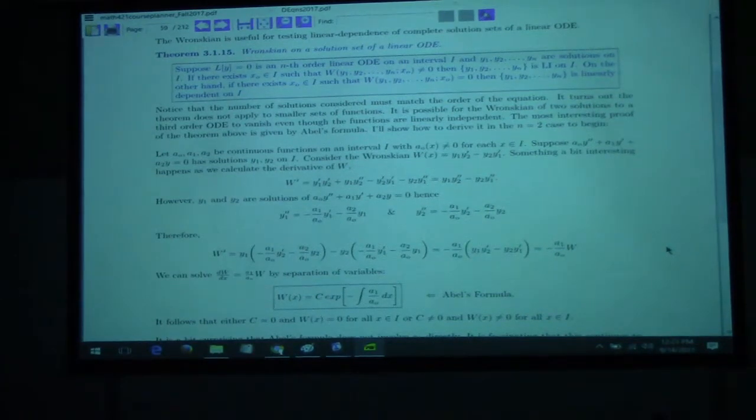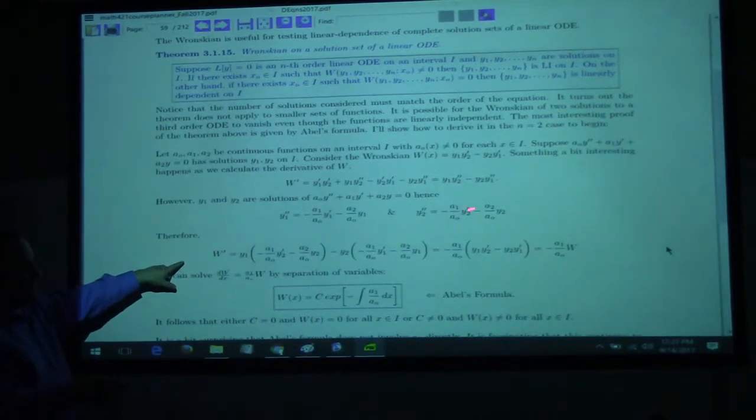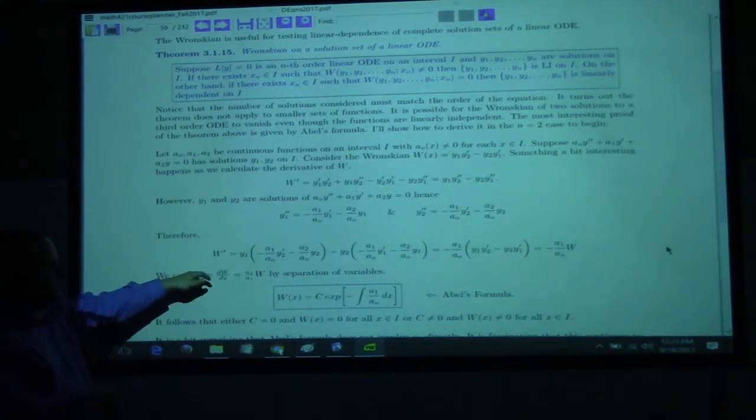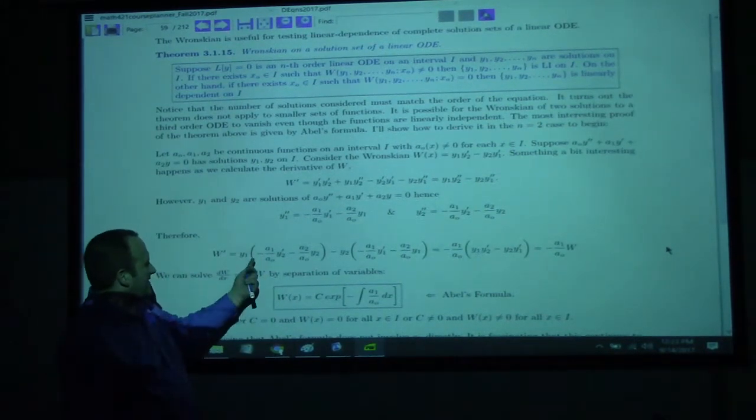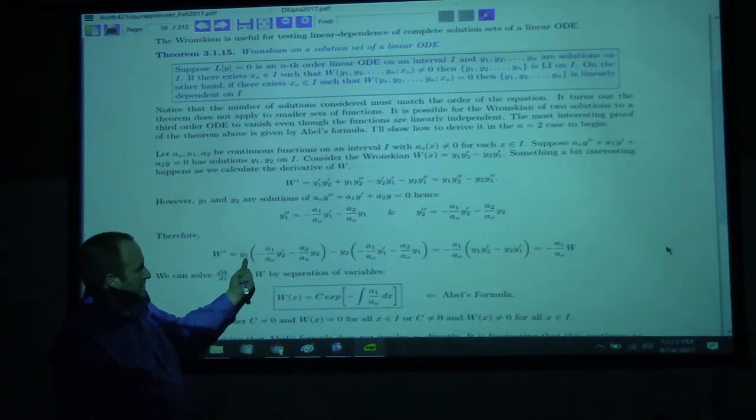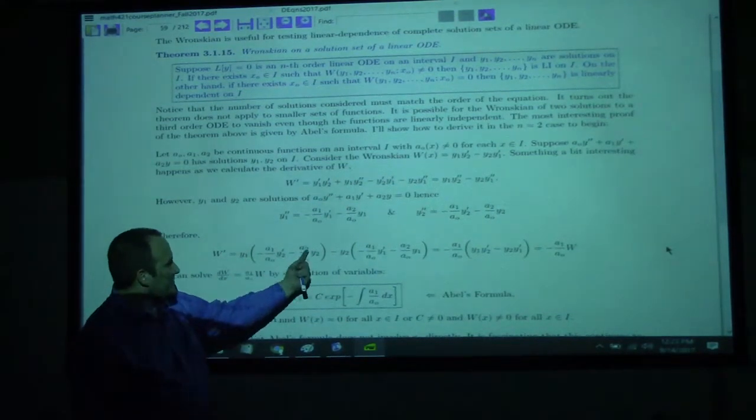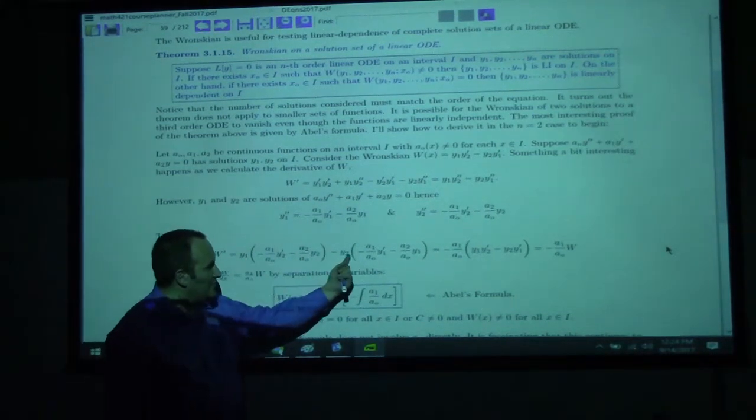We're also assuming that this a sub 0 is non-zero on the interval. All right. Anyway, so you solve those, you plug it back into the W prime, and when you plug these in to there, something really cool happens. We get another cancellation. Let's see, the cancellation is like the y1 y2, right? And then there's y2 y1.